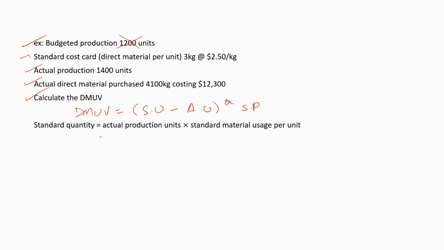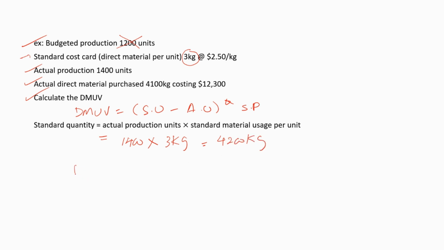Now let's calculate the standard quantity, which is equal to actual production units, which is 1400, multiplied by the standard material usage per unit. So 3 kilograms of material will be used to produce 1 unit. This is the standard quantity of material usage, which is equal to 4200 kilograms.